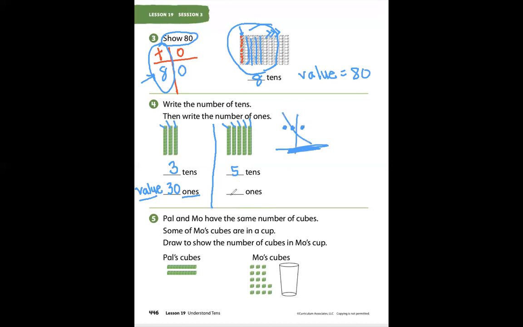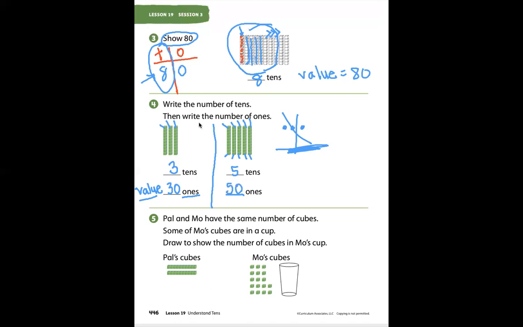But what they're asking us to do is give the value of how much each of those 10 sticks are worth when put together. So let's count by tens. 10, 20, 30, 40, 50. What is the value of the 5 tens? The value is 50.